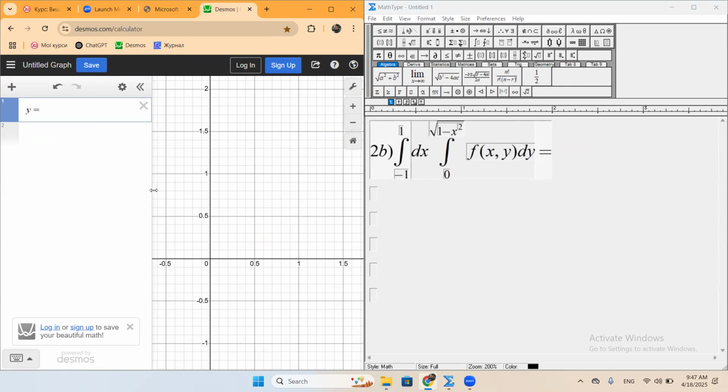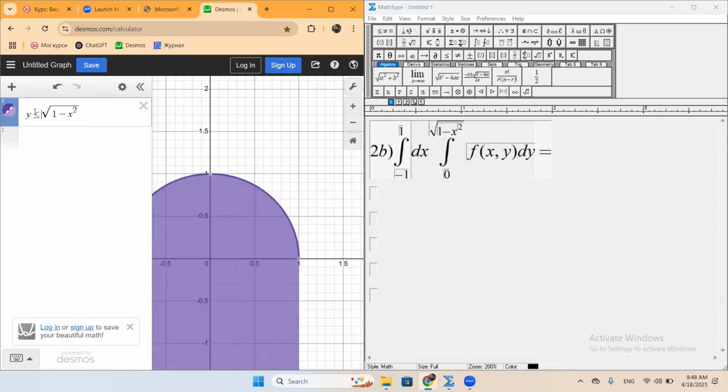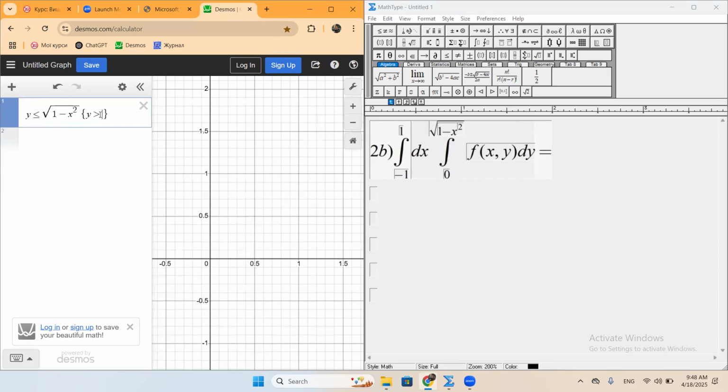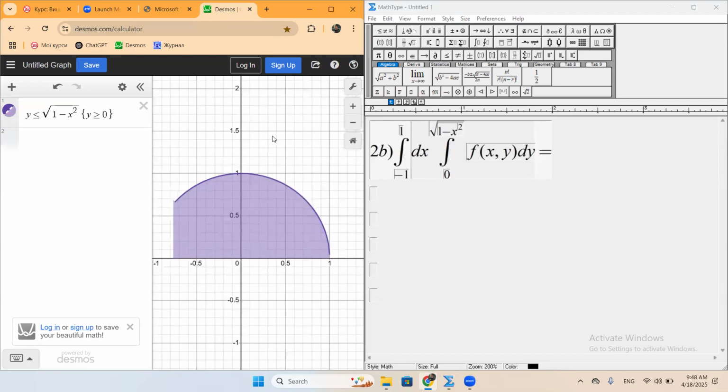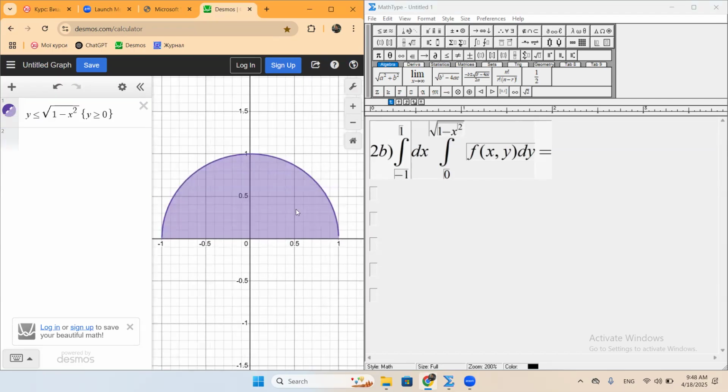So y equals square root of 1 minus x square. Let's write down less than or equals, and also y is greater than 0. And we can see that x is from -1 to 1.